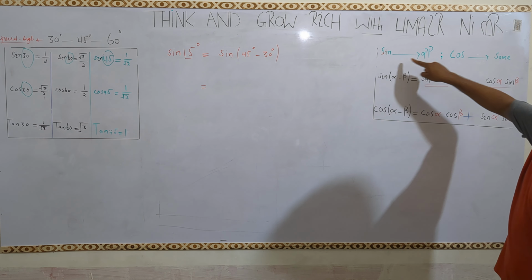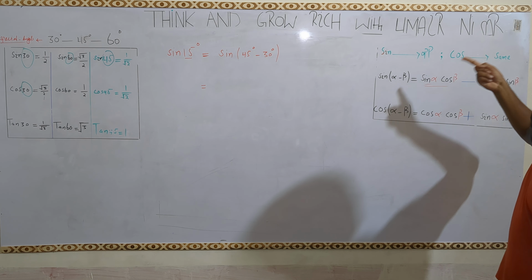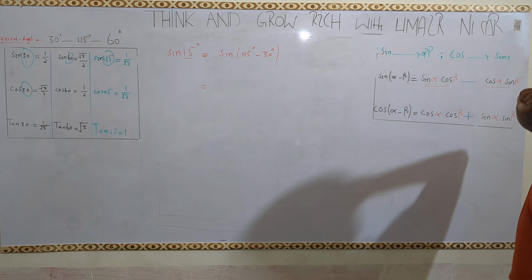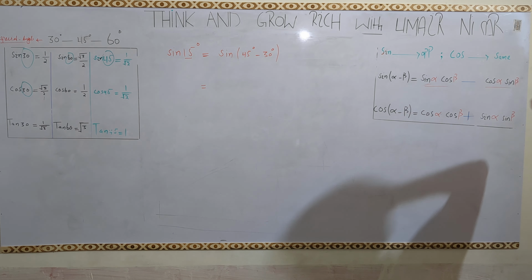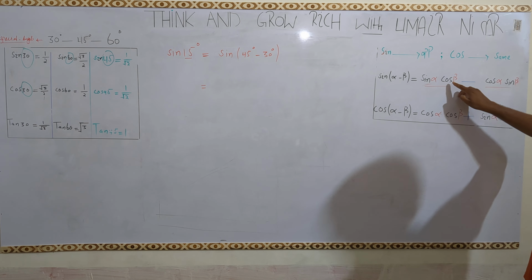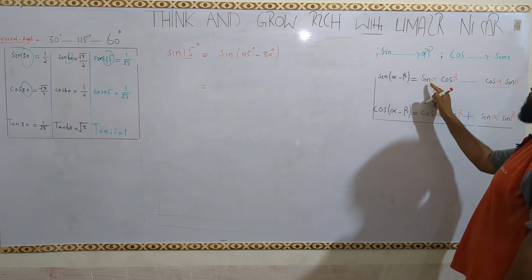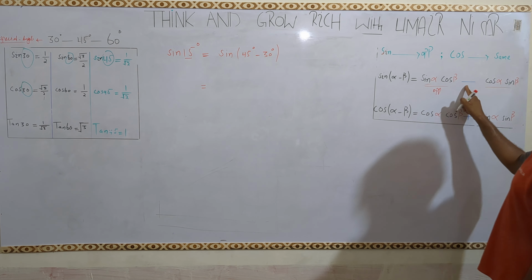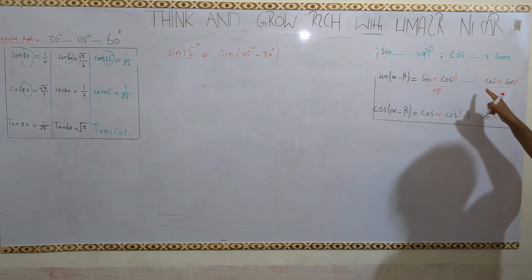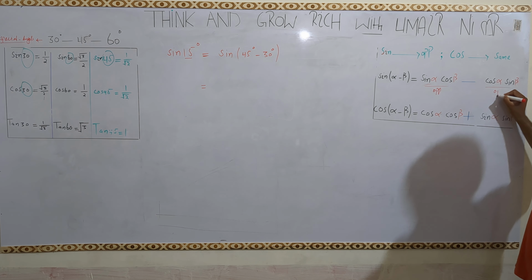So sine means opposite function. Sine of alpha minus beta is sine alpha cos beta, one sine and the other cos, opposite functions. Minus, cos alpha sine beta, opposite function.